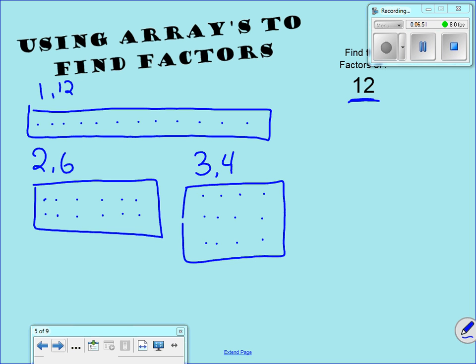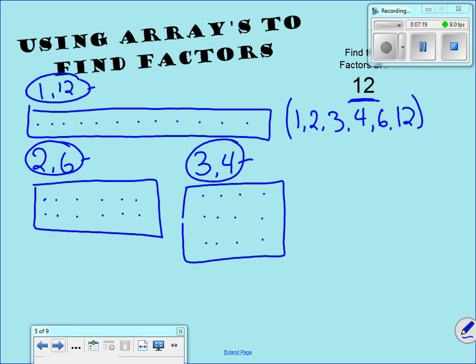And that is how you can represent the factors of a number using arrays. So as a total, we can look at our numbers here, here, and here, and see that our factors are 1, 2, 3, 4, 6, and 12. And these are our factor pairs. So if I ask you to write factor pairs, that's how we would write them.